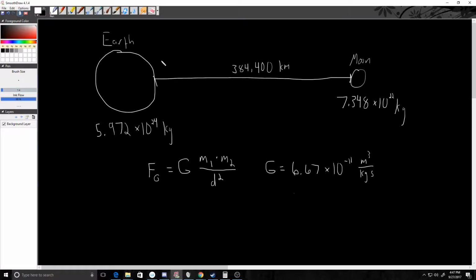So, this is always true. This number, you can either memorize it or you can write it down on your note card. Either way, this is what our G will always be.